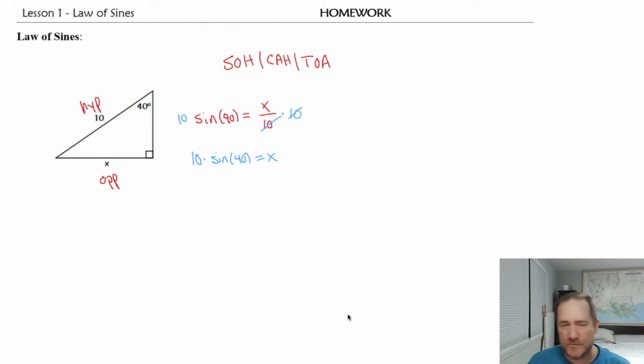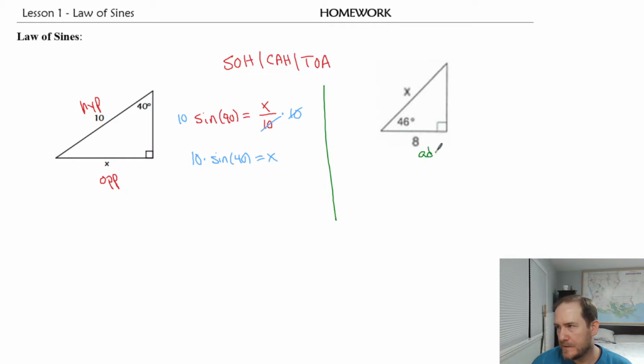Now, just to drive this point home a little further, not every question is going to involve sine, of course. So here's another one. Imagine if I gave you this triangle. You would still want to label your sides, figure out who's who. Opposite from 46 is blank, but adjacent to 46 is the 8, and then the hypotenuse is x.